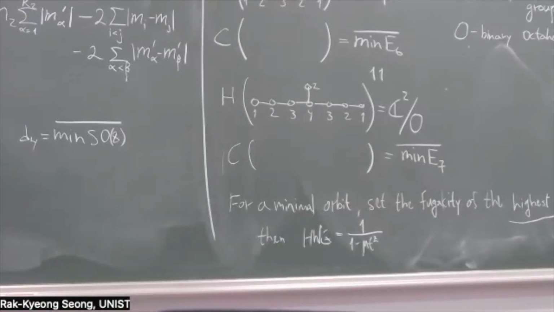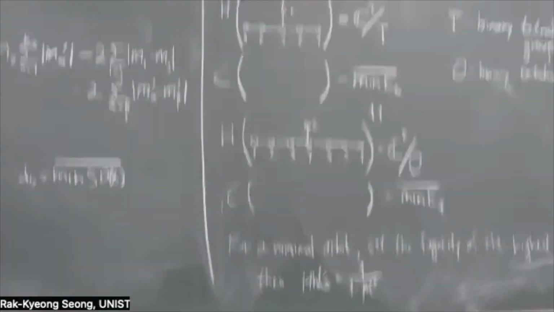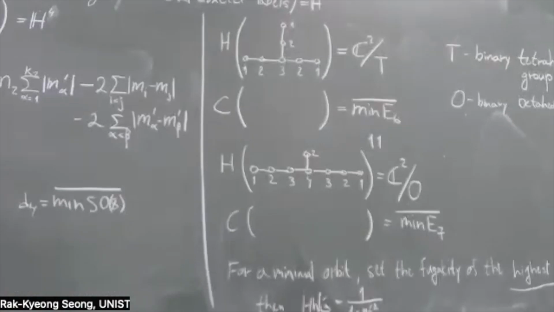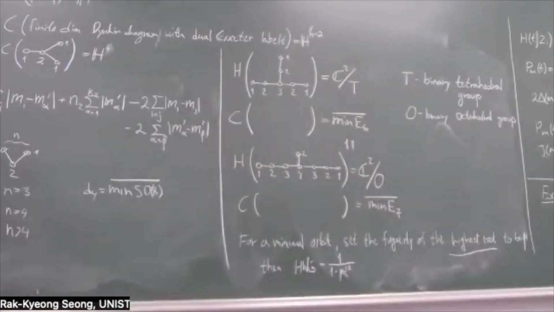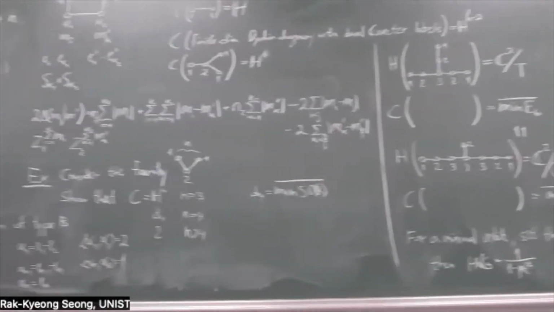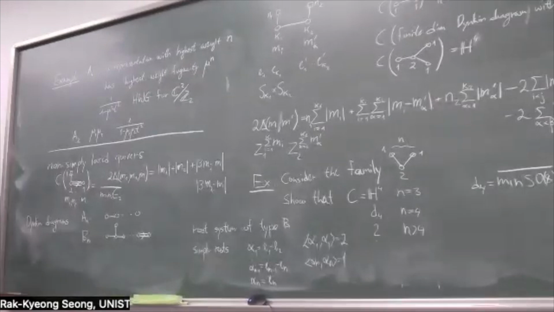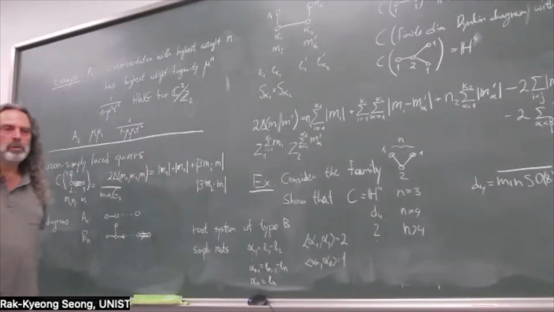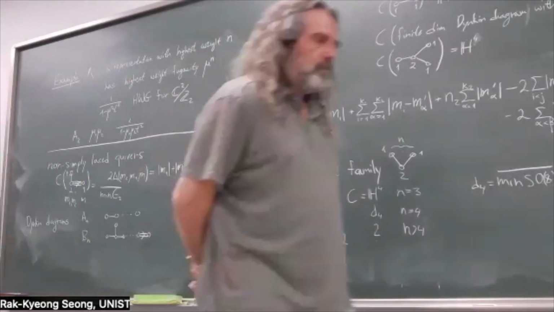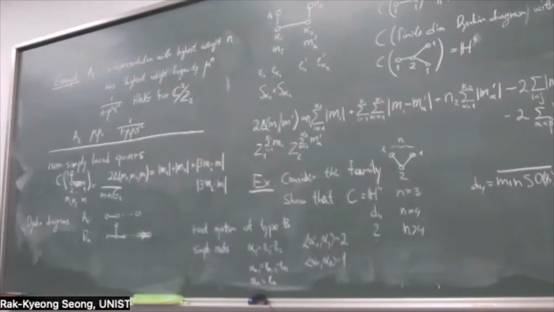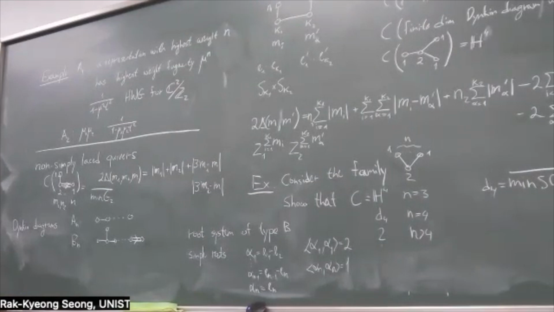And indeed, if you compute the Coulomb branch for this quiver here, you will find that it is the minimal nilpotent orbit closure of G2. And it has quaternionic dimension 3 as the quiver says.